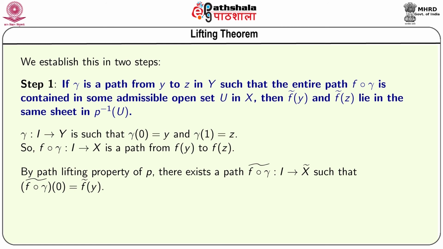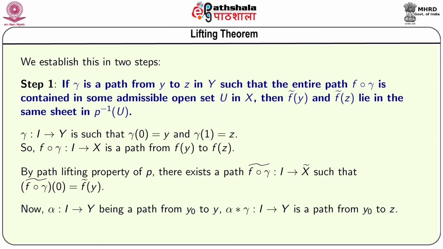By the path lifting property of P, there exists a path, F composed gamma tilde, such that F composed gamma tilde at 0 is F tilde of y. Now, alpha being a path from y0 to y, alpha star gamma is a path from y0 to z. That is, alpha star gamma evaluated at 1 is z.